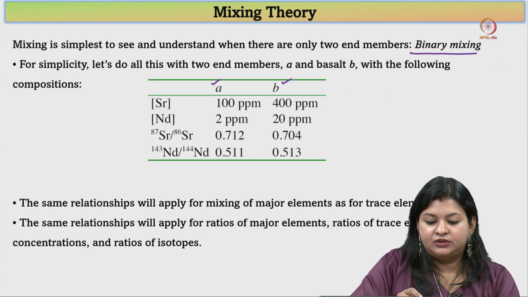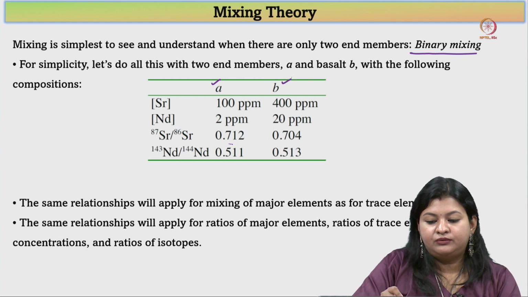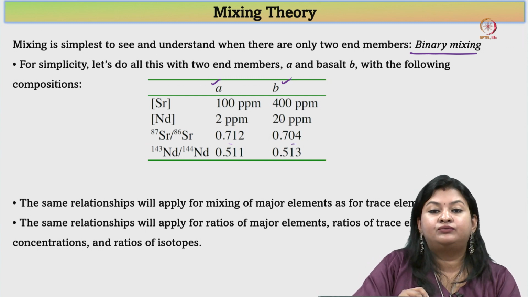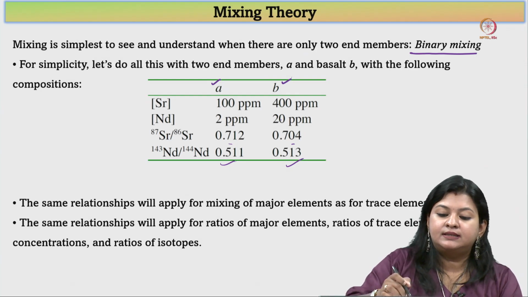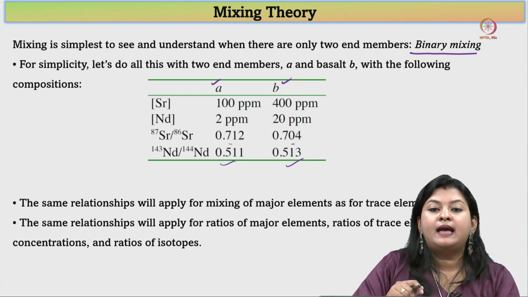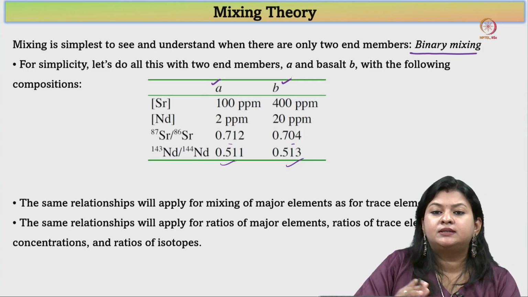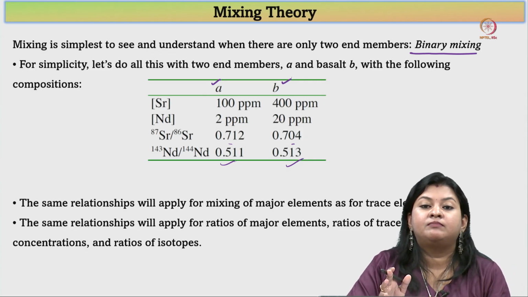Strontium isotope signature for A is 0.712, for B it is 0.704, neodymium isotope value is 0.511 and 0.513. So, using this data we have to plot how much is coming from which, that is giving my final value.